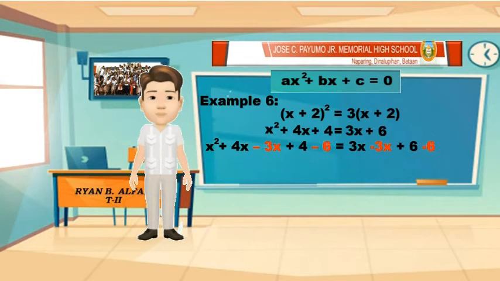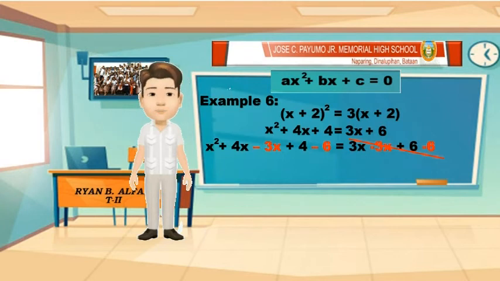So we will have x squared plus 4x minus 3x plus 4 minus 6 is equal to 3x minus 3x plus 6 minus 6. On the right side, what will happen? Yes, it will be cancelled out.